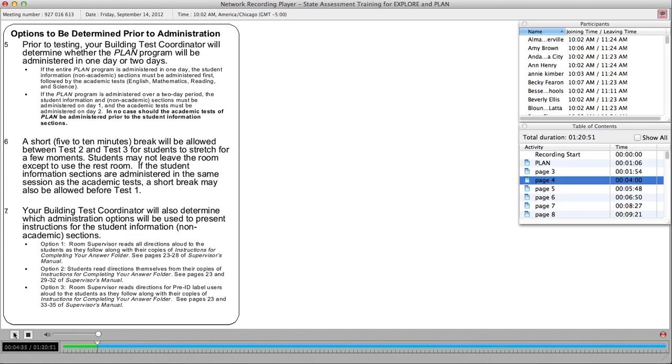A student may not take the non-cognitive or non-academic part after having completed the academic test. There is a short 5 to 10 minute break allowed between test 2 and test 3 for students to stretch, and the only reason they may leave the room is to use the restroom.